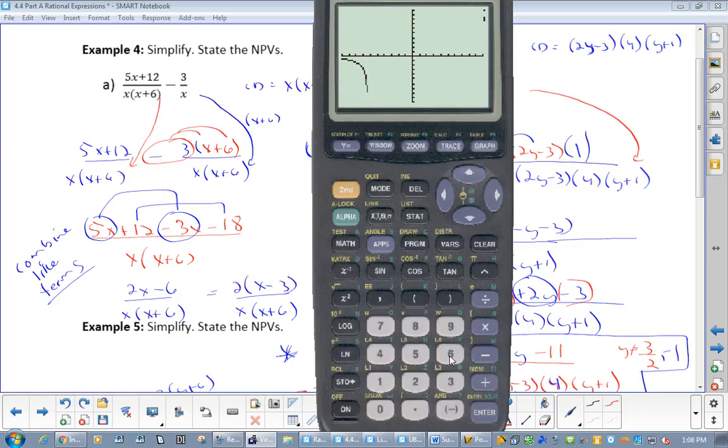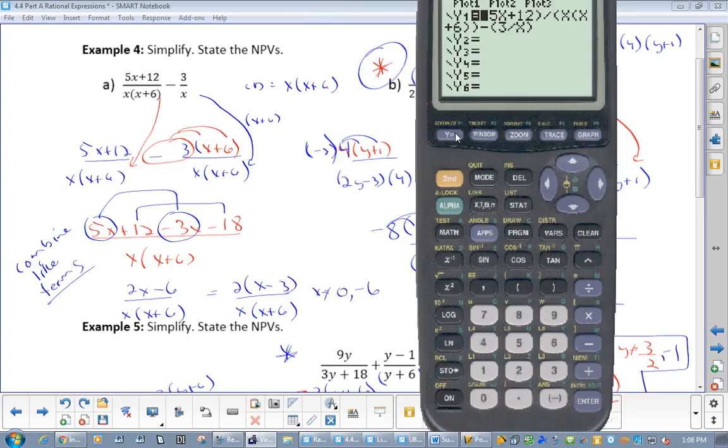I don't know if I'll see it here. Yeah, okay, there it is. So that's the question. Now, if I go all the way to the left and I hit enter once, that's the dark line, and I will put in my answer. So bracket 2 times x minus 3, shut that bracket, divided by x bracket x plus 6.